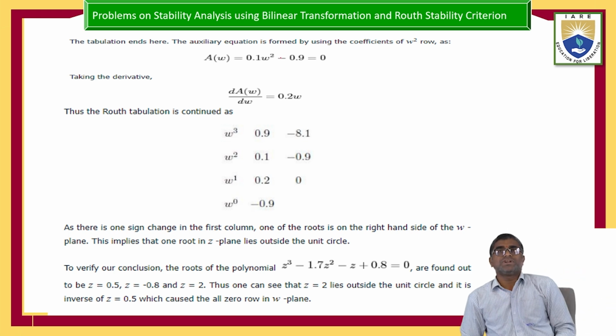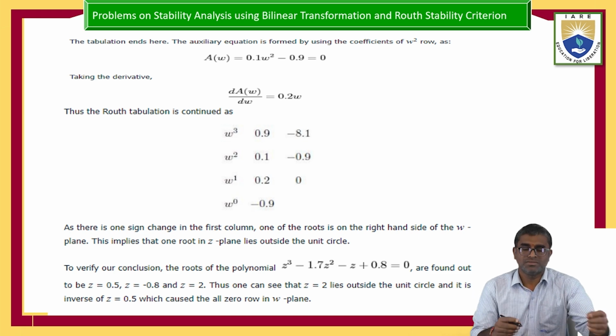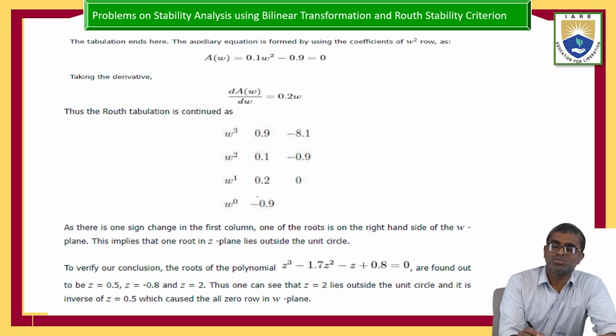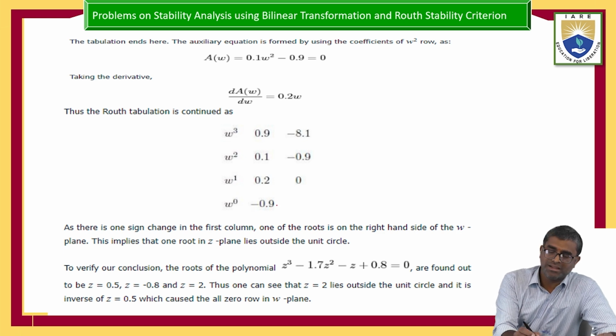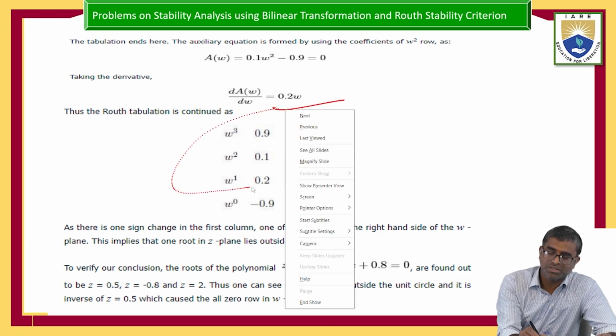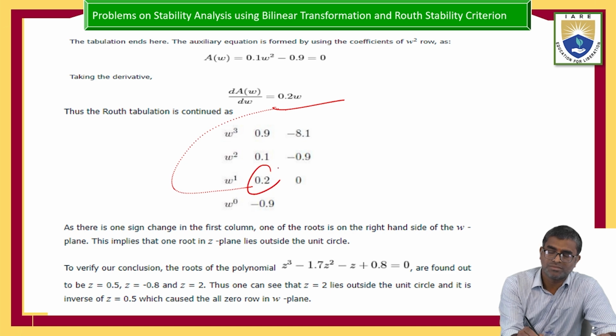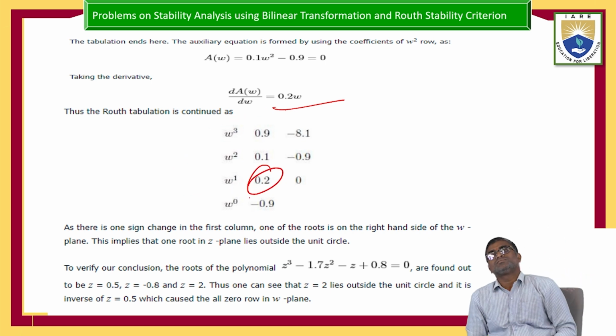After that, you have to take the derivative with respect to omega. What happens? This value is 0.2 omega. So substitute this one here, where we got the 0 value. This is a singular case.